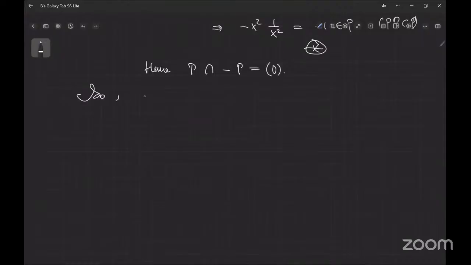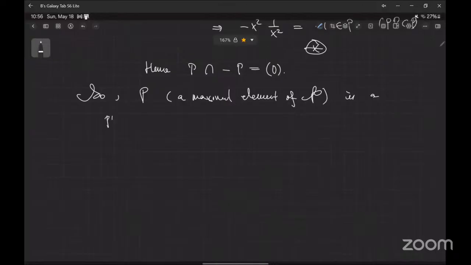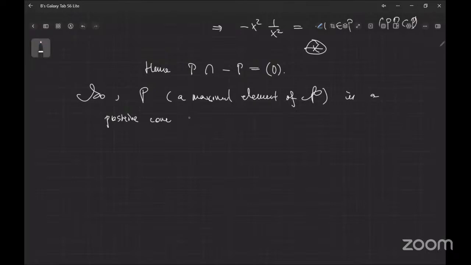So this P, constructed to be some maximal element of these collections of pre-positive cones, is a positive cone in K, and K can be turned into an ordered field.